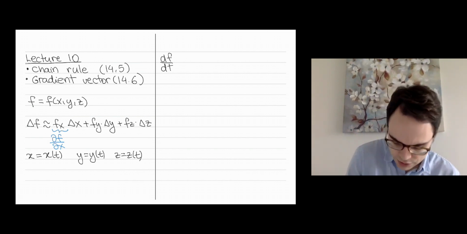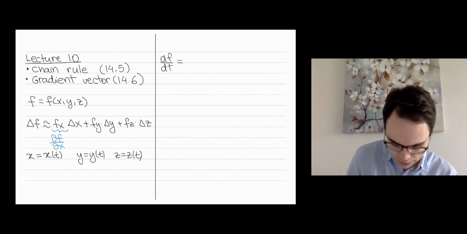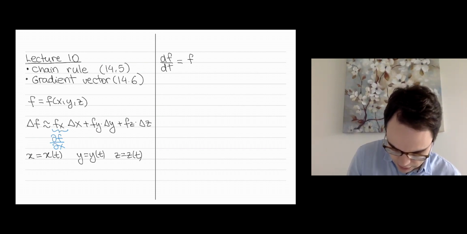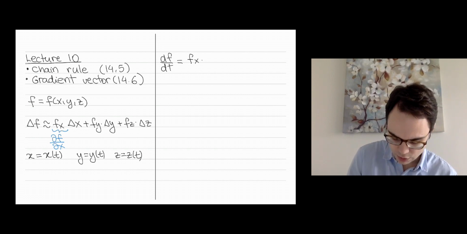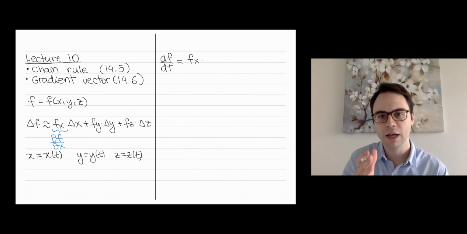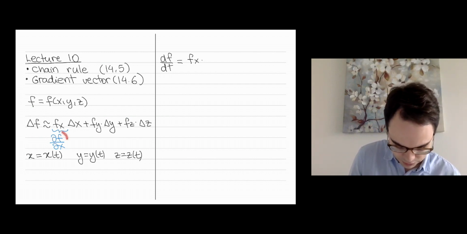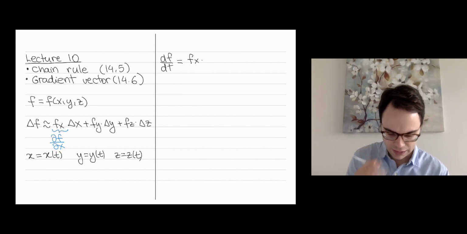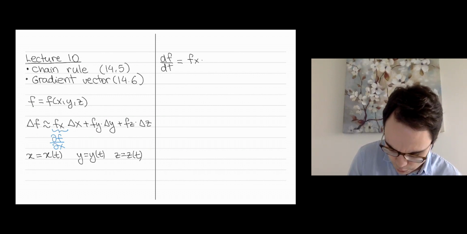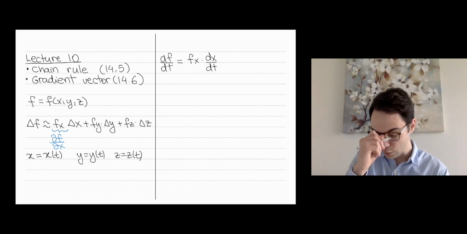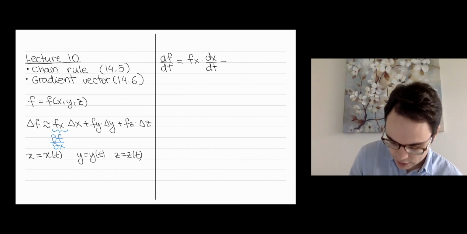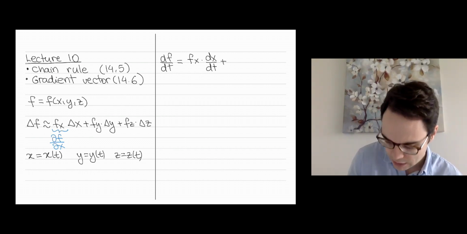The answer is this. I'm just going to write it down. It's the x partial times, so you first see how fast f changes with x. The x partial tells you how fast f changes when x is fixed. Then you multiply that by the rate of change, the speed with which x changes. And then you add, so that's the contribution coming from x.